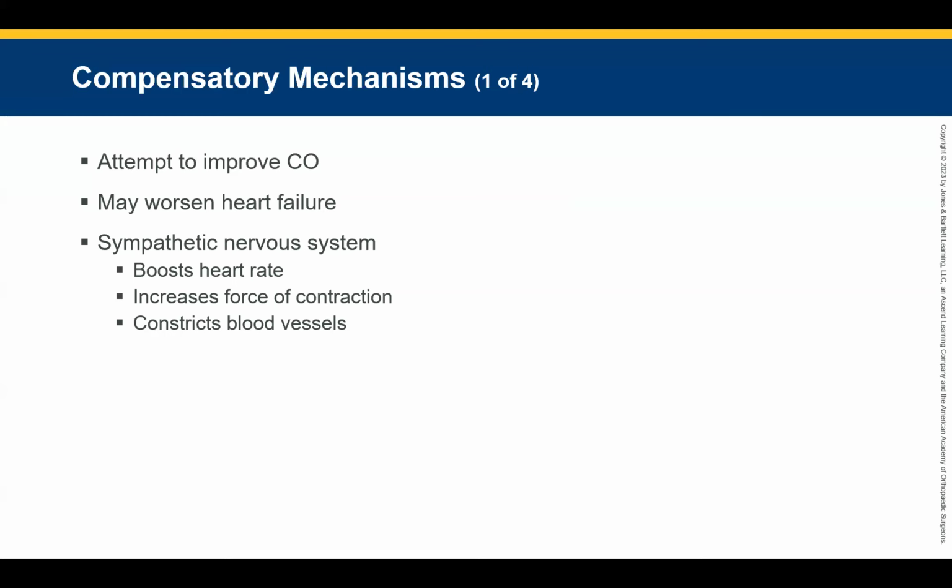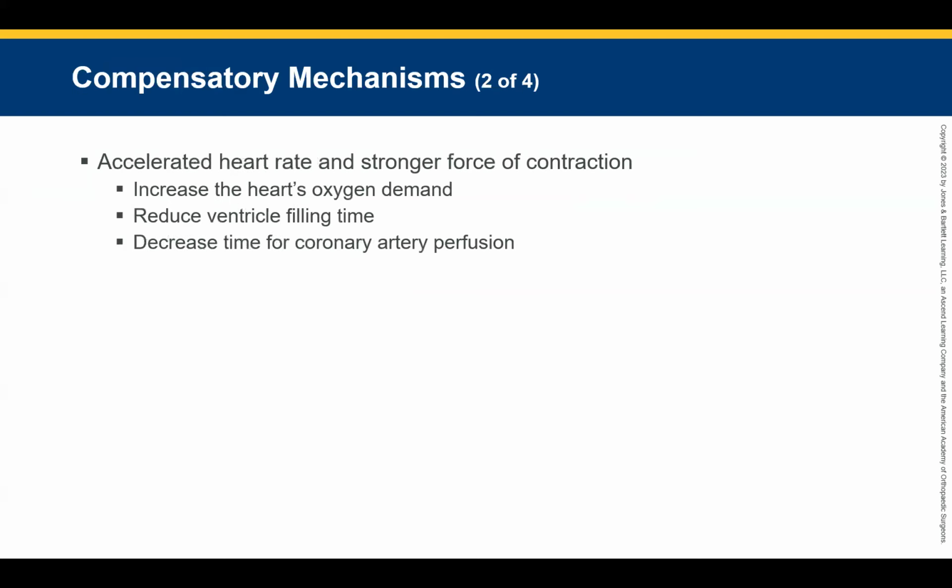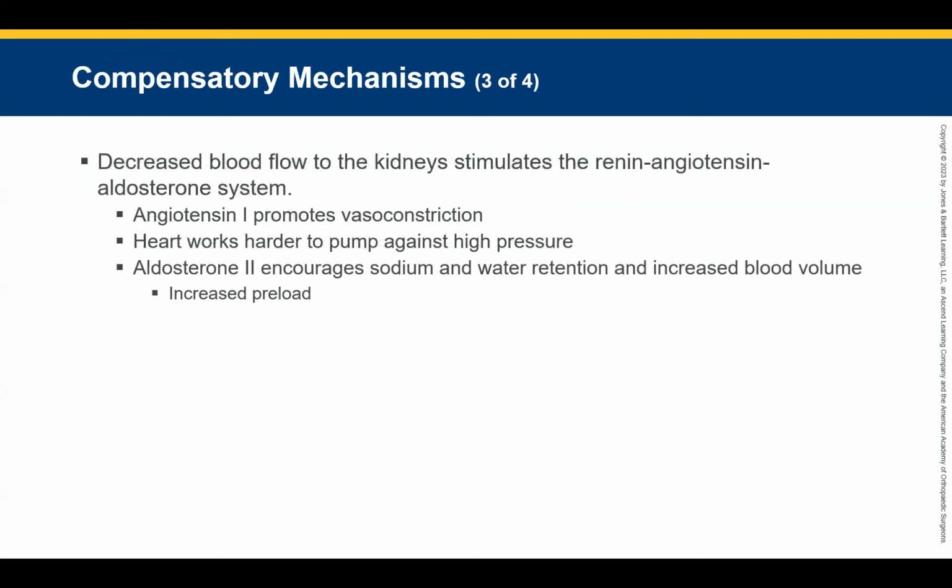We can compensate. Okay, sometimes cardiac output falls, the ejection fraction falls, and our heart tries to compensate by increasing rate. So it's going to speed up. It's going to be tachycardic when we get to these patients. We'll get a stronger force of contraction, but this doesn't last forever. It makes the heart work harder. It burns up more oxygen.